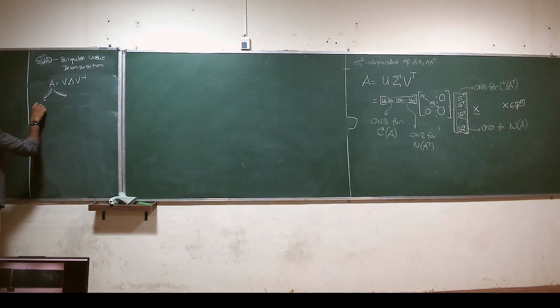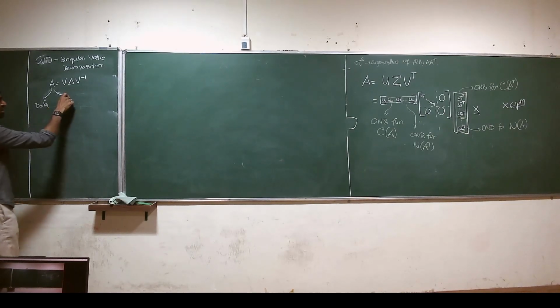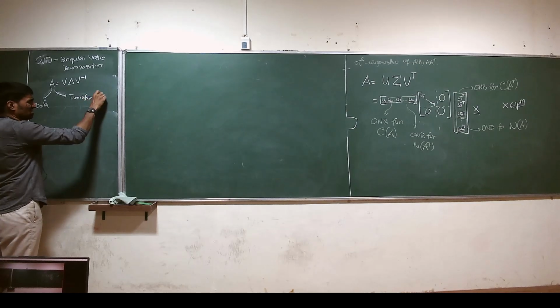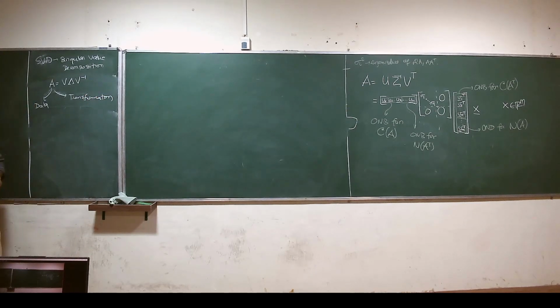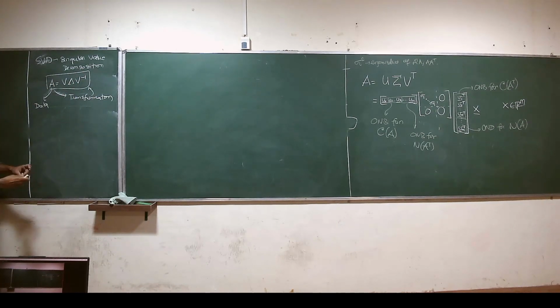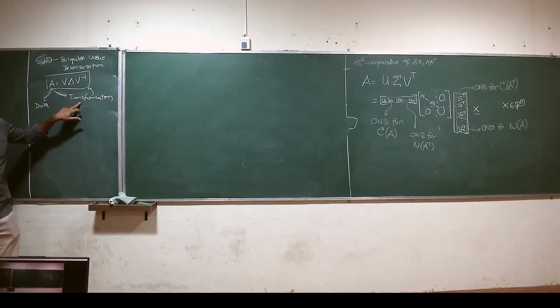One is simply view it as data, just a bunch of numbers arranged in a rectangular form, or as a transformation, right? Something that takes vectors, operates on them, and then produces another vector, right? It turns out that the eigenvalue decomposition is a very useful decomposition if you view A as a transformation. Okay? We'll see why that is later on when we discuss applications of eigenvalue decomposition.